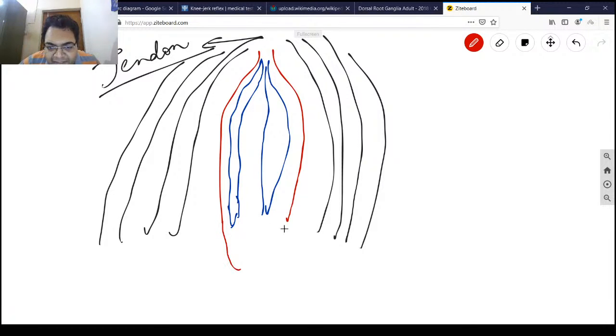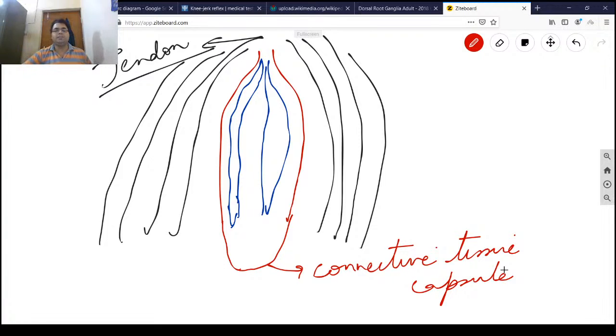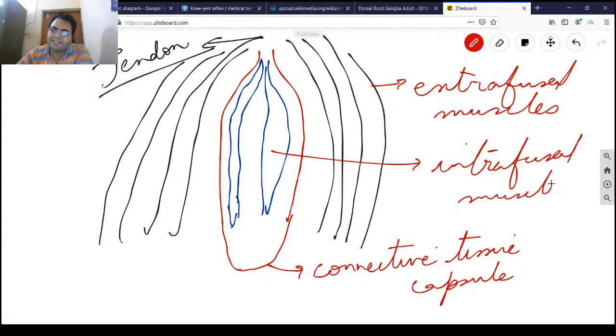And these others are known as intrafusal muscles.